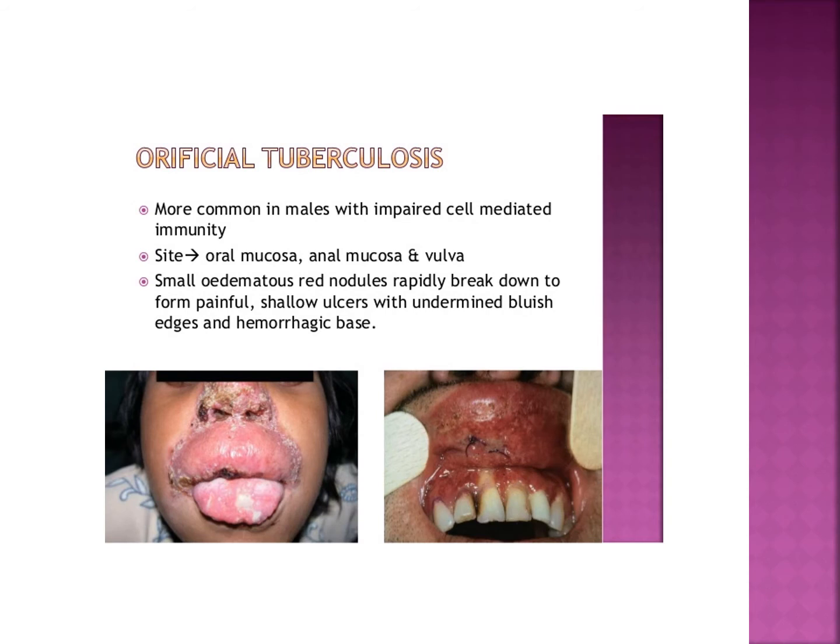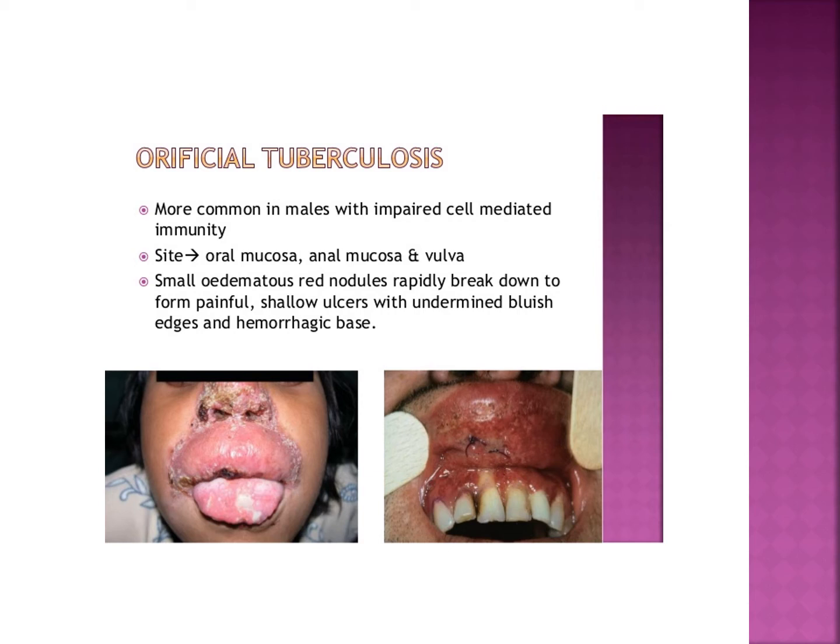Then there is another inoculation type of tuberculosis, which is called orofacial tuberculosis, and by the name it is quite obvious that it mostly occurs around the oral cavity, around the lips, mostly in males, around the mucosa. Similarly, reddish nodules form, and after a few weeks or months they break down to form ulcers.